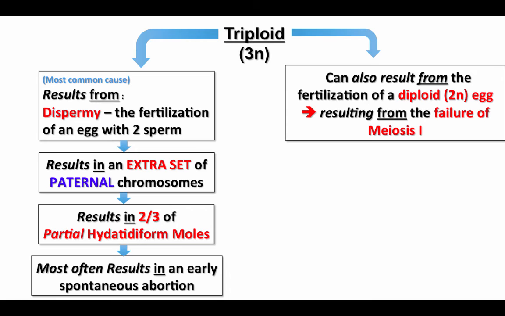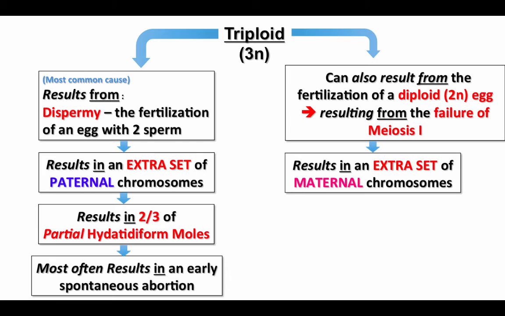That first division in meiosis 1 fails, and you're not able to cut down your total number of chromosomes from diploid to haploid, that is from 2N to 1N, like you're supposed to. So you just keep on going through meiosis 2 with what will become a 2N egg.